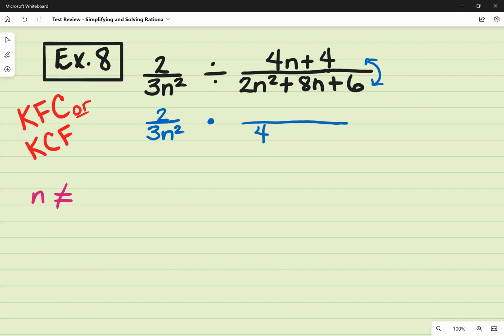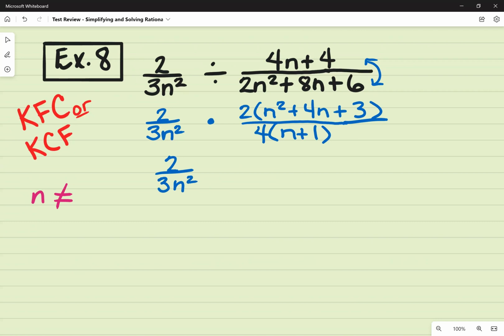So I'm going to take out the greatest common factor of 4, and I'm left with n plus 1. And in terms of the numerator, it's now going to be that 2n squared plus 8n plus 6. I want to take out the greatest common factor of 2, and I'm left with n squared plus 4n plus 3. And I can further factor that, so we will keep going.